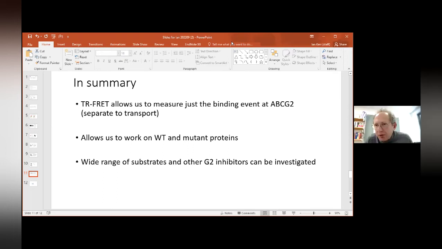Right. And do you plan to make any ATPase mutants also? So we have got the classic Walker B mutation E211Q in ABCG2. Our prediction from that is that it would shift this curve.